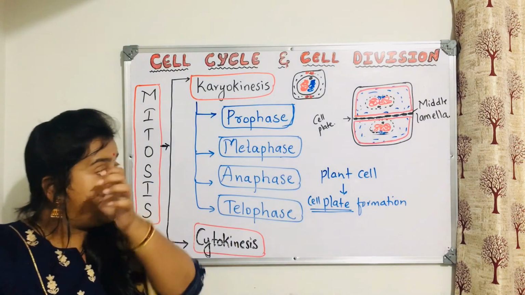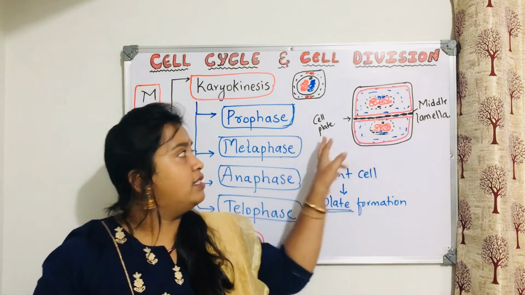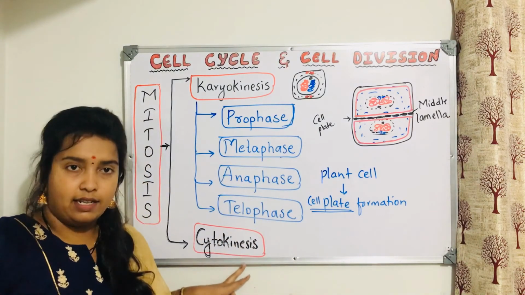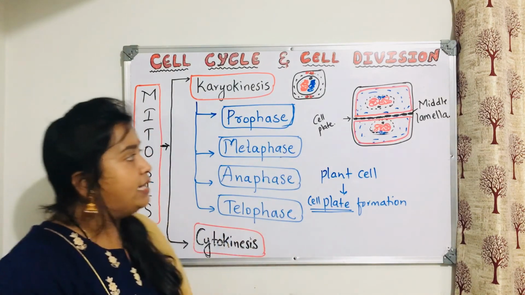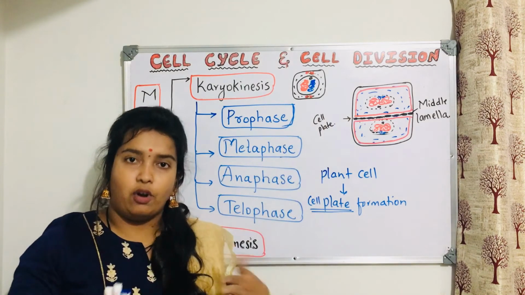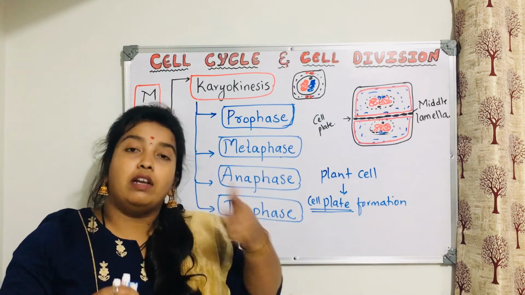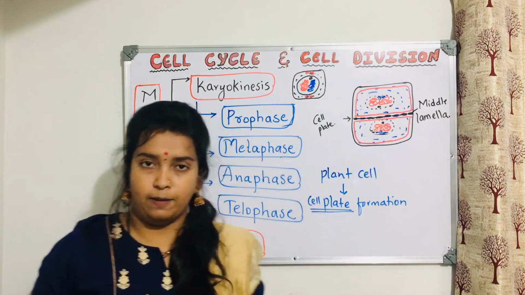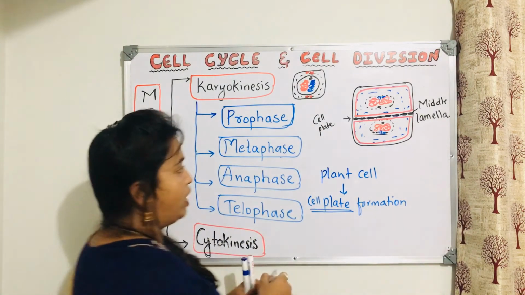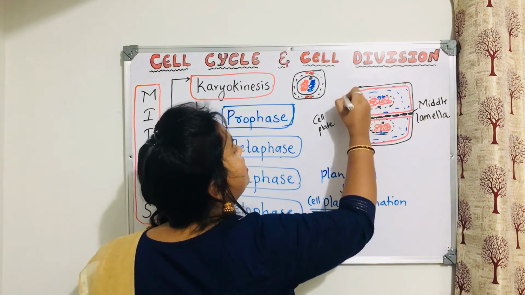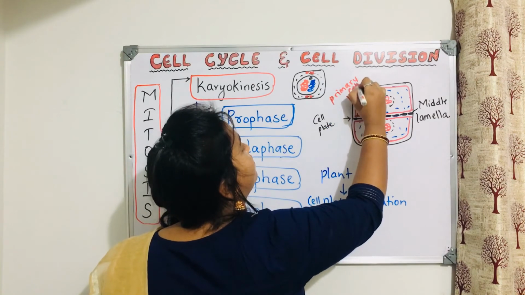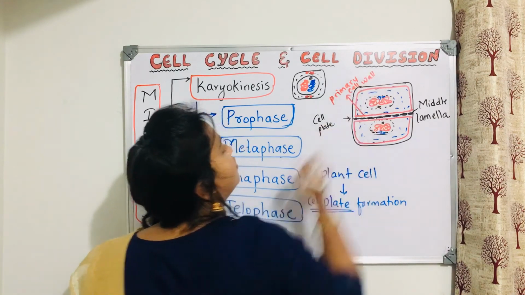So what you can understand here is that the cell plate which has formed helps in cytokinesis in plant cells. It then becomes the middle lamella. And what will develop inside the middle lamella is the primary cell wall, this red colored one that I have drawn.